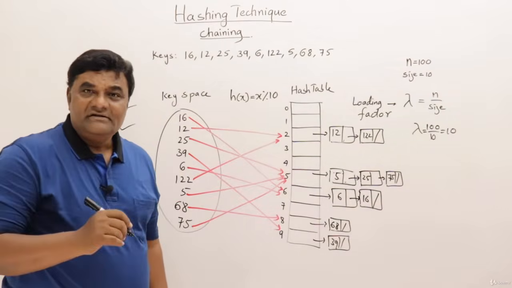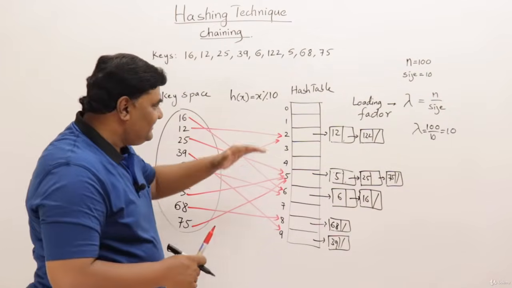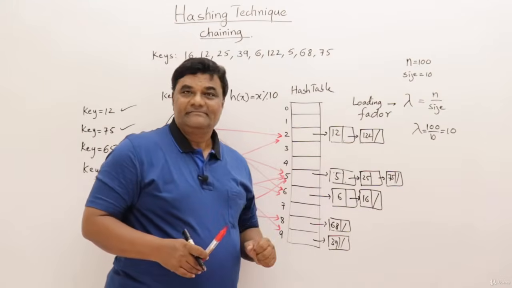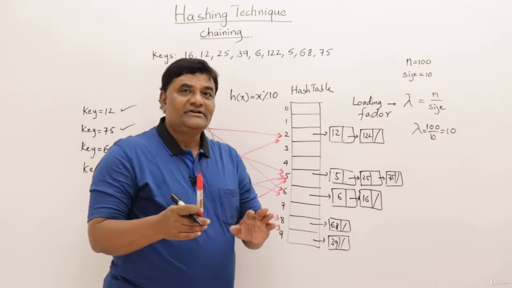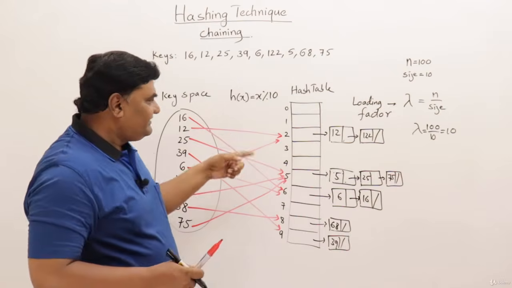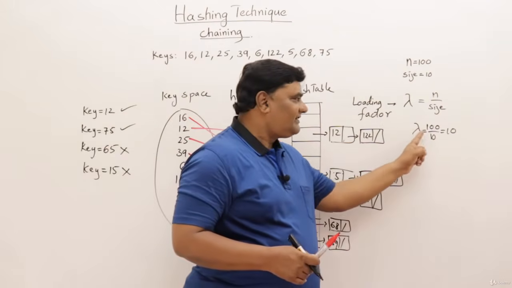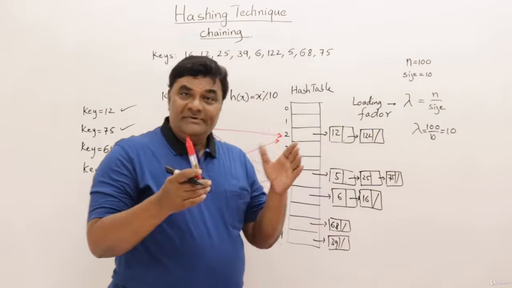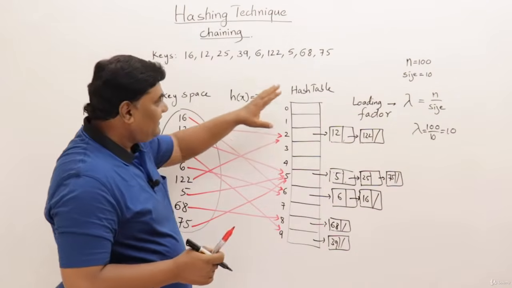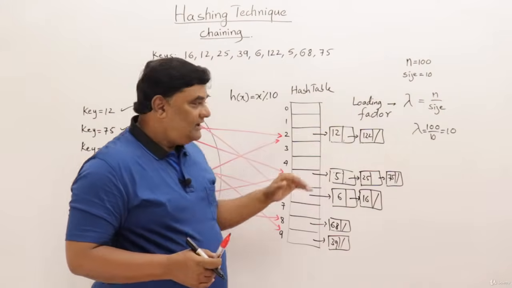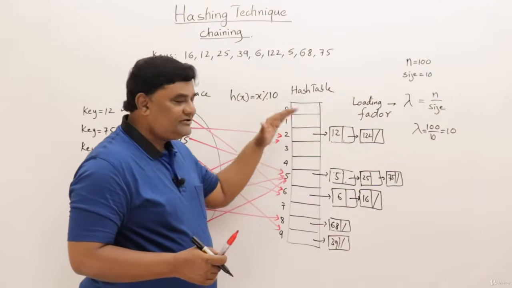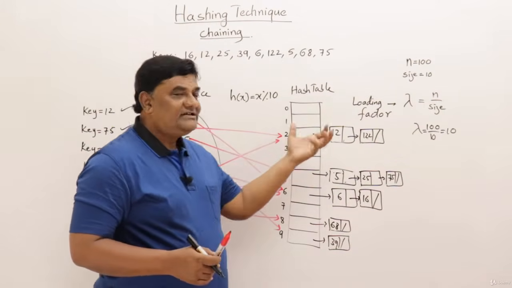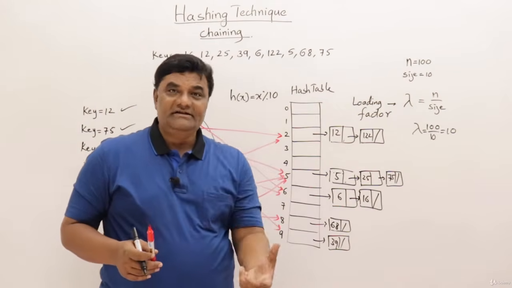So what does it mean? It means that there are 10 locations and at each location there are 10 keys. Because this is chaining, we got a loading factor greater than 1, the value 10. We are assuming that the 100 keys are uniformly distributed, so each location has around 10 keys.